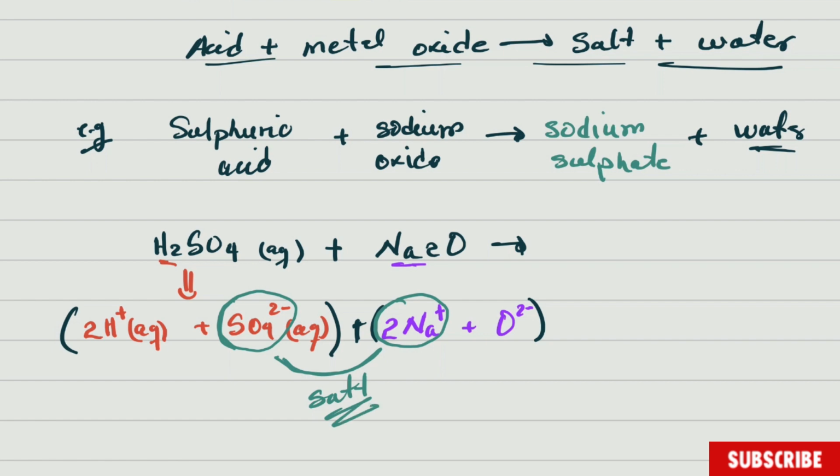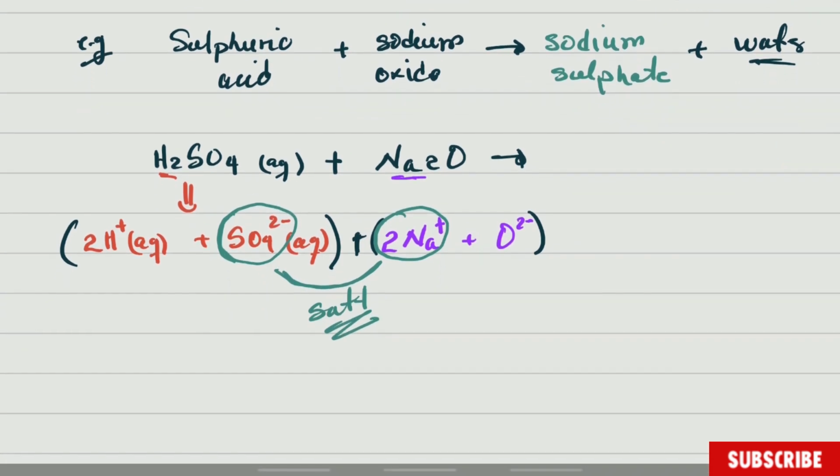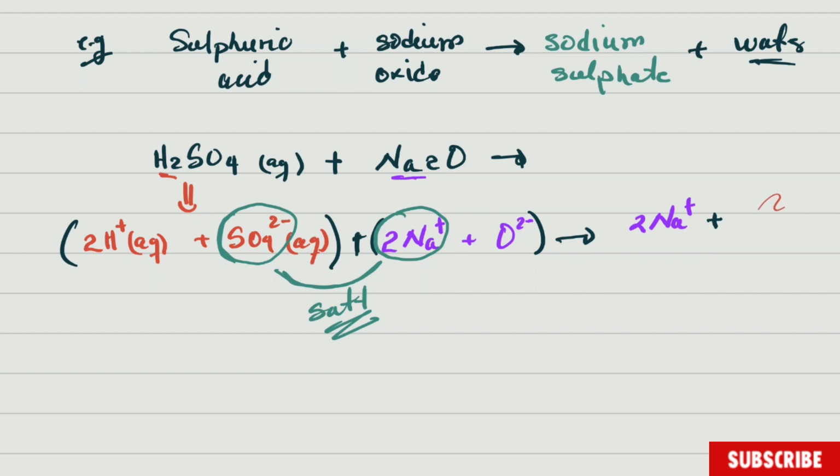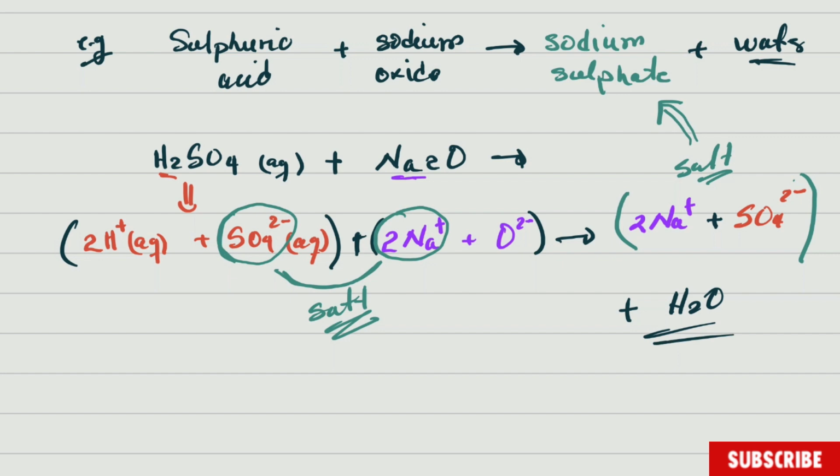You can see the combination in the product is going to be 2Na+ and SO4 2-. This combination will give you the salt, which in other words is sodium sulfate. But this is not done there. You must also get in the reaction the water, H2O, but I don't have space for that one.